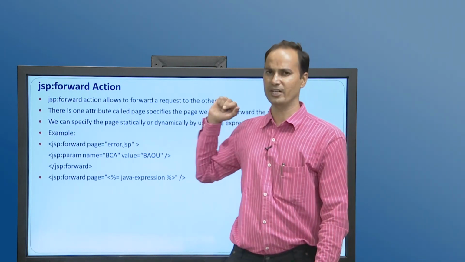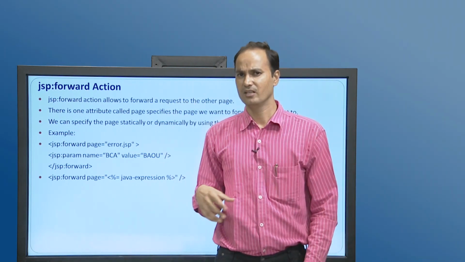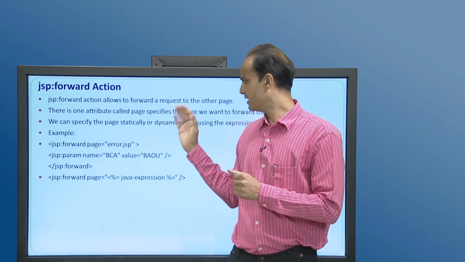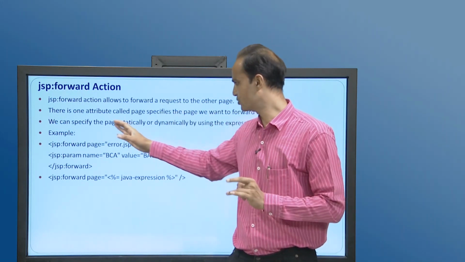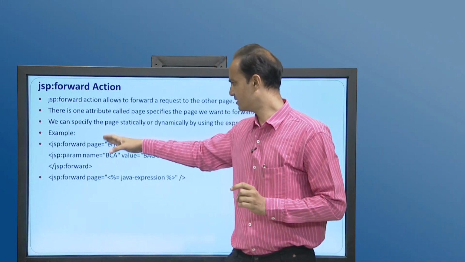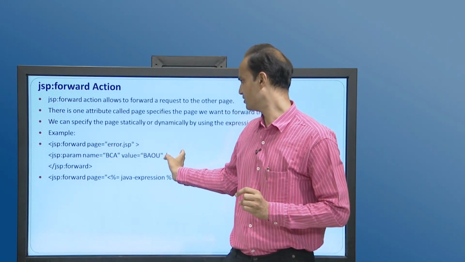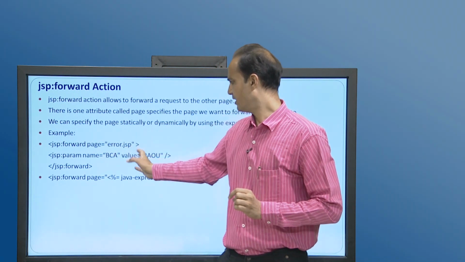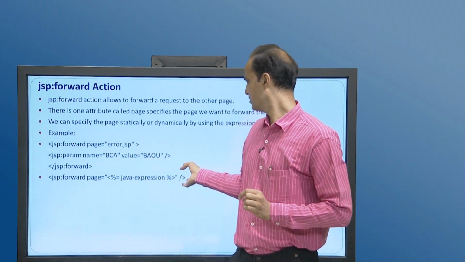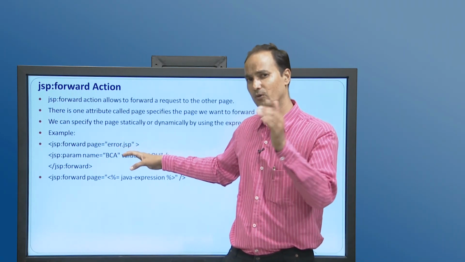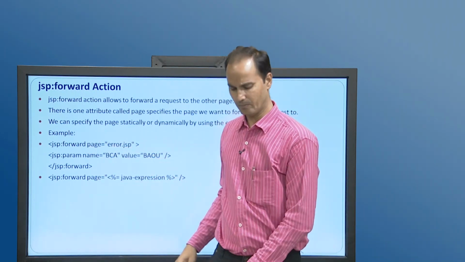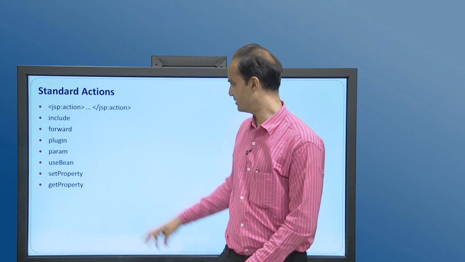Then after that comes the forward action. As we already discussed, forward indicates that we want to forward a result to another page, so you can use jsp:forward, and the request will be forwarded to error.jsp. If you also want to pass a parameter with the forwarded request, you can use the jsp:param standard action, because param is itself another standard action.